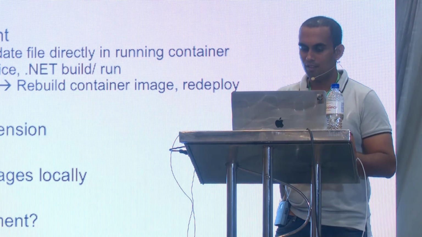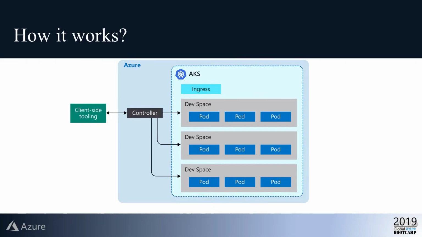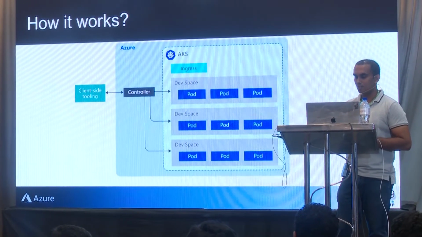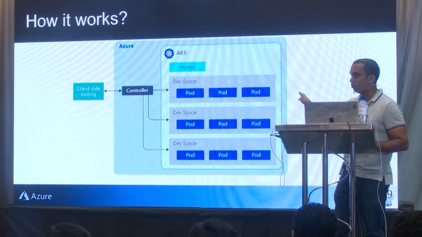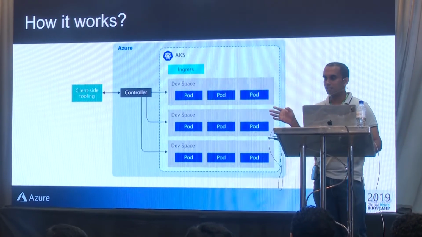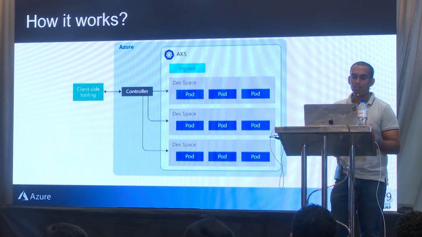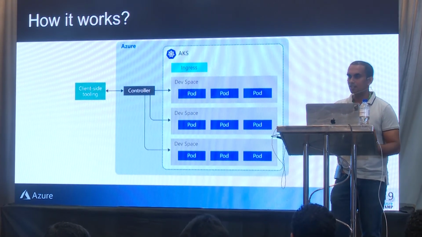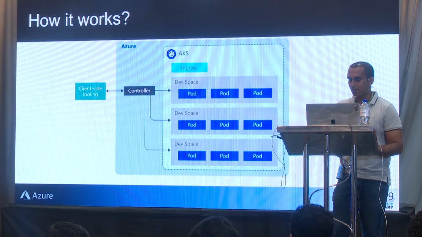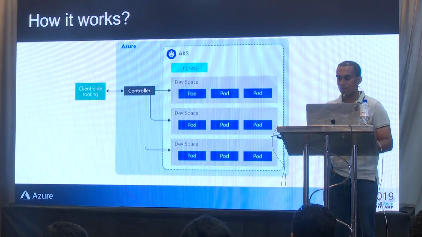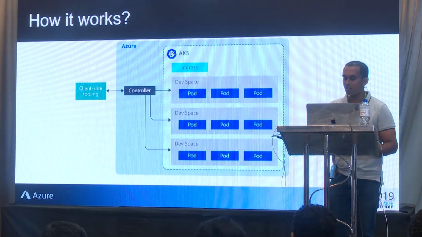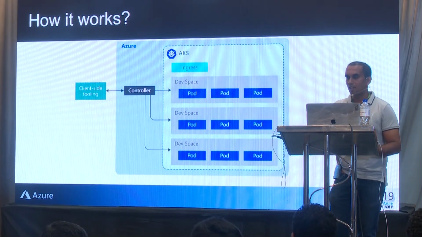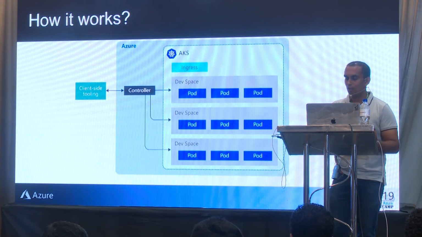So in general, this is how AKS with Azure Dev Spaces works. Basically there are two components to it. One is the controller that is available inside Azure Kubernetes Service, right? It supports Dev Spaces creation and selection, and then you can deploy into the AKS.